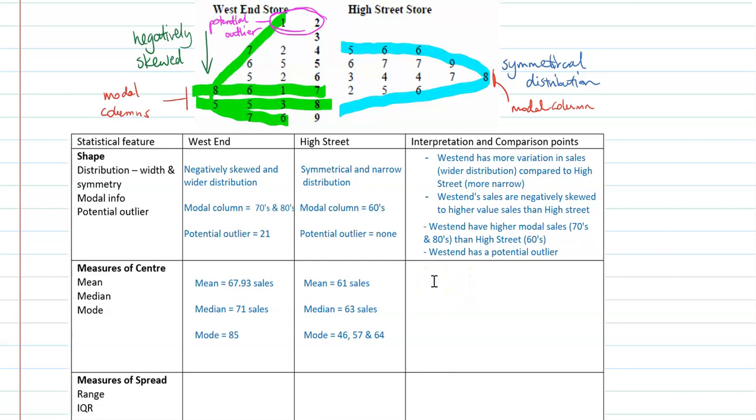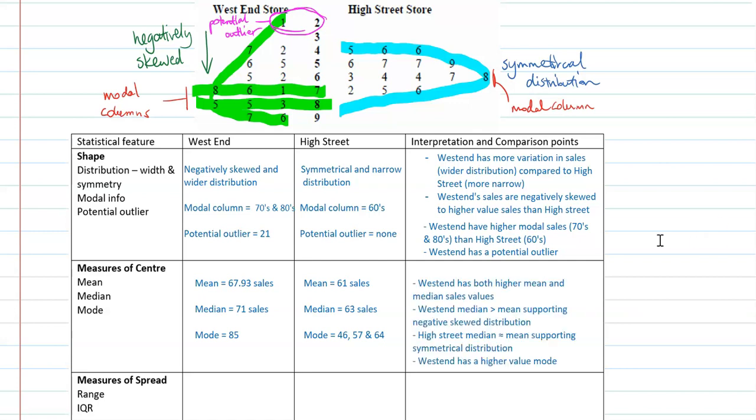Given what we said in terms of the shape, press pause and see if you can come up with some interpretation and comparison points using the mean, median, and mode, and I'll check in with you shortly. How do we go? I said that West End had both higher mean and median sale values.